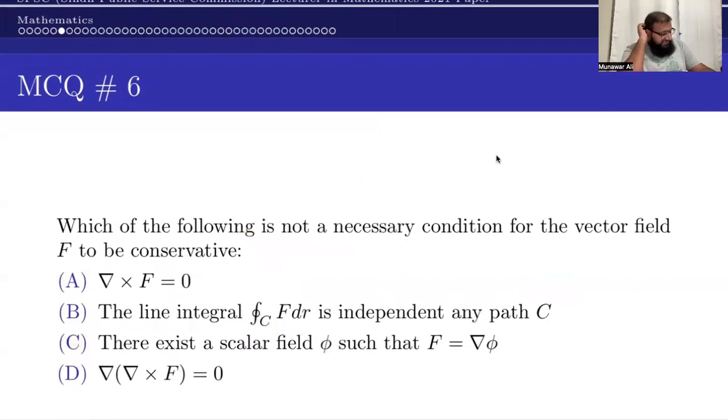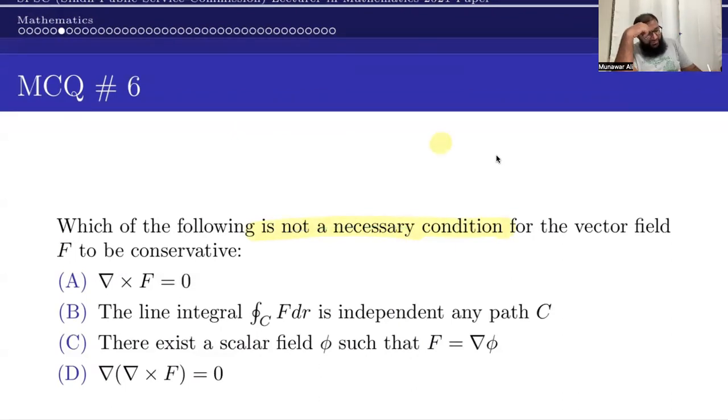MCQ number 6 is a bit technical. It says, which of the following is not a necessary condition for the vector field to be conservative. So the definition is that a vector field is conservative if its integral is independent of path. If you are going to integrate a vector field from one point to another point, whatever path you choose, you will get exactly the same answer.